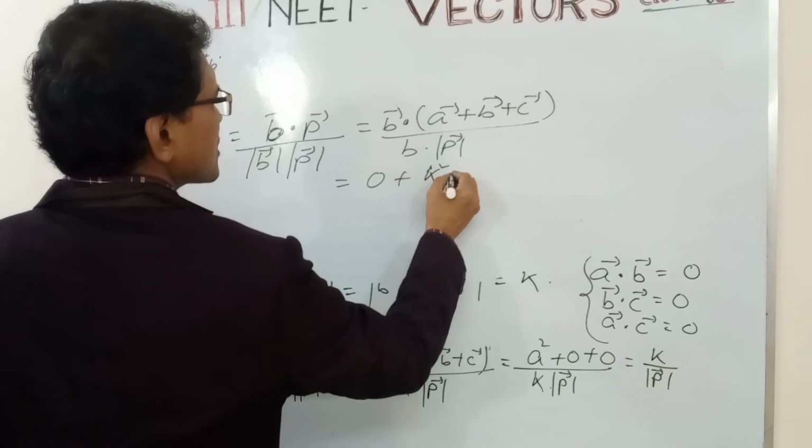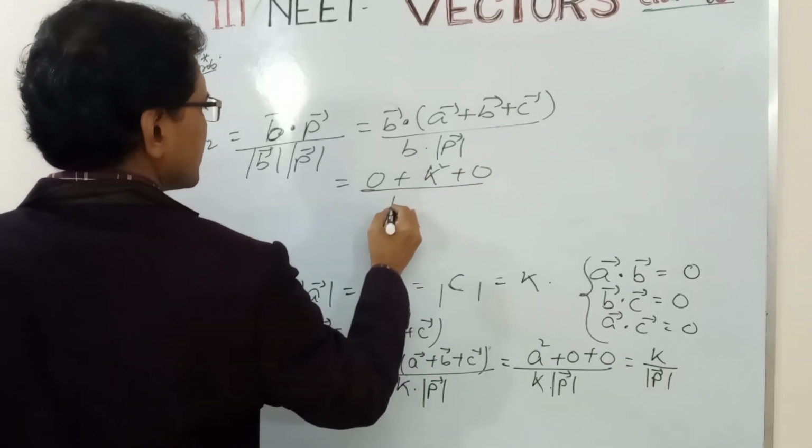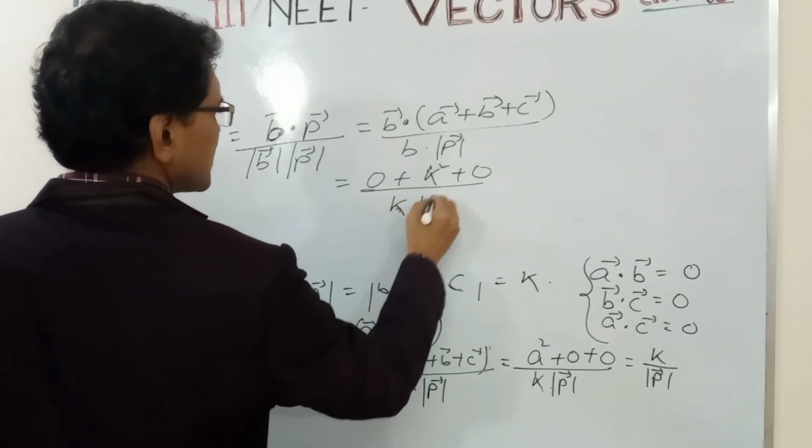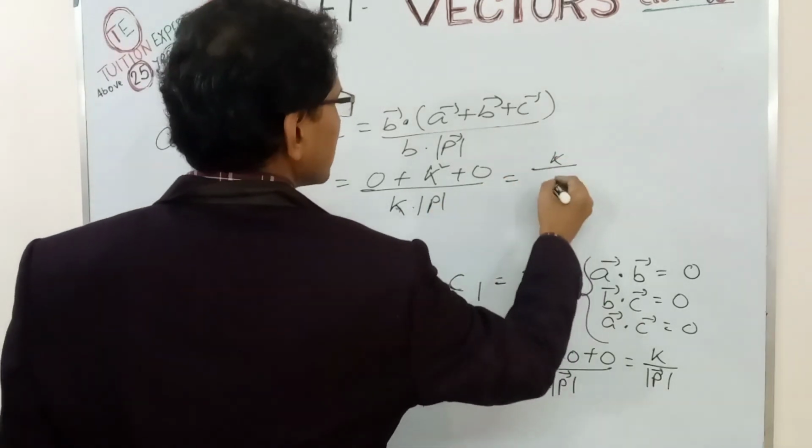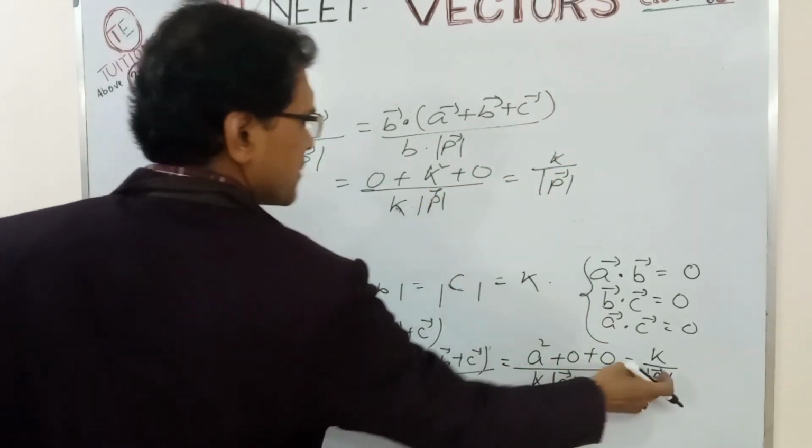B dot C equal to 0. So cos theta 2 equal to K square by K mod P, which is equal to K by mod P. Also here, same result.